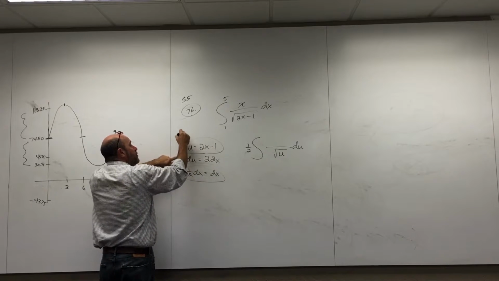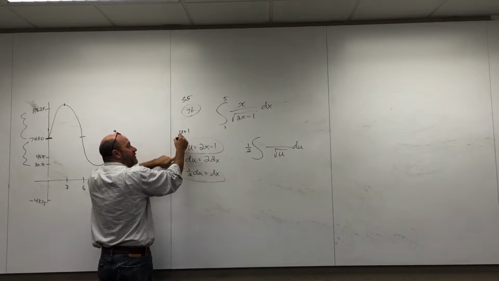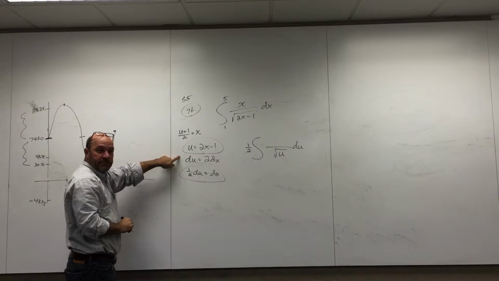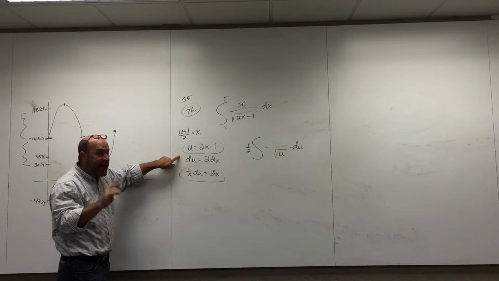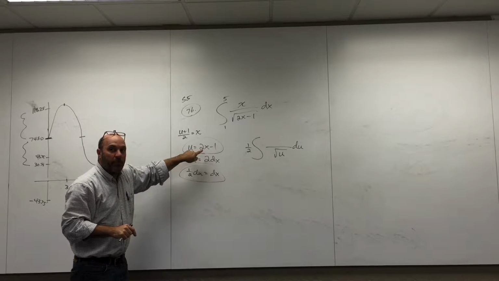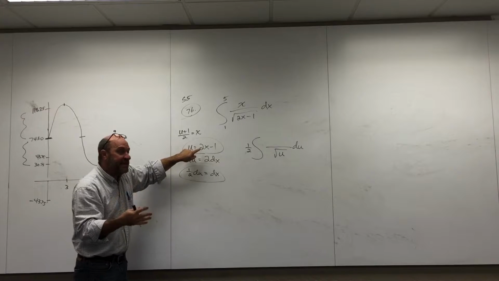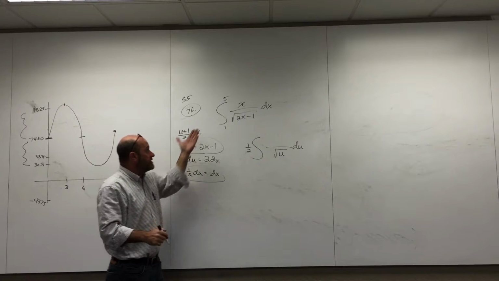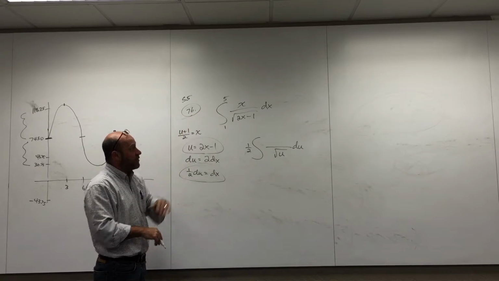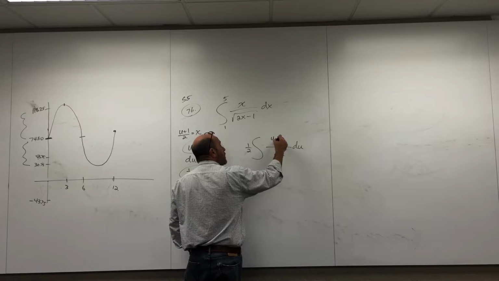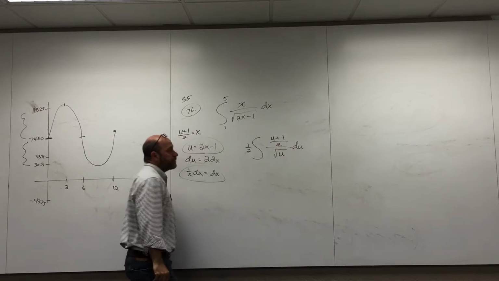You add 1, u plus 1, divide by 2 is x. You establish the u and x relationship, but you need to solve for x in terms of u sometimes, because sometimes there's an extra x that needs to be replaced. So that x gets replaced with u plus 1 over 2.